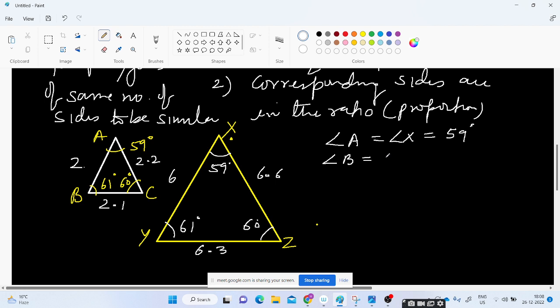Angle B is equal to angle Y, 61 degrees, and angle C is equal to angle Z, that is 60 degrees. So the first condition is fulfilled, that is, their corresponding angles are equal.